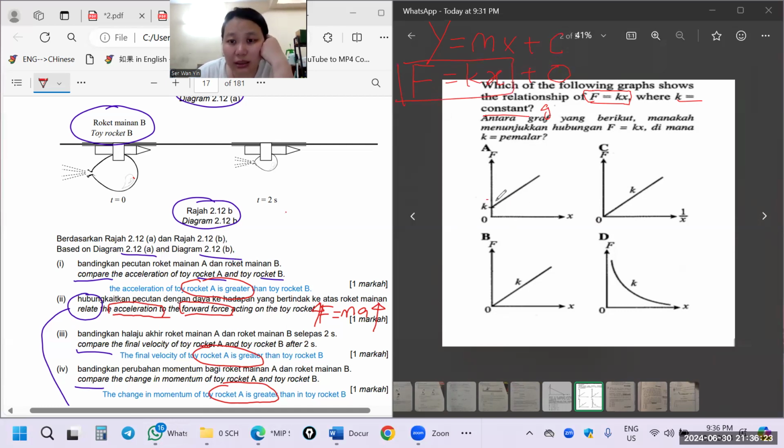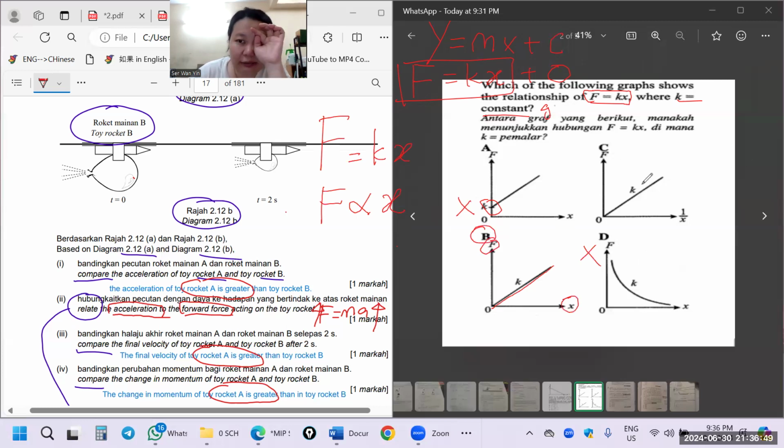So can you see the y-intercept is wrong? Then it must be a straight line. So D also wrong. So F equals kx actually means F is directly proportional to x. Answer is B.